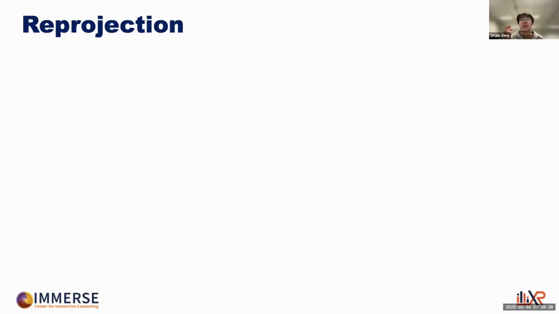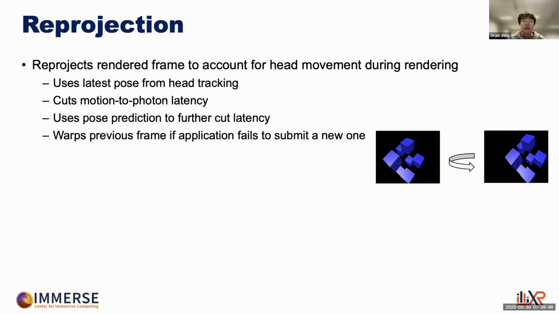The visual pipeline is responsible for taking the rendered images from the app and displaying them on the display from a correct perspective in a timely manner. I would say the most important component in this visual pipeline is reprojection.